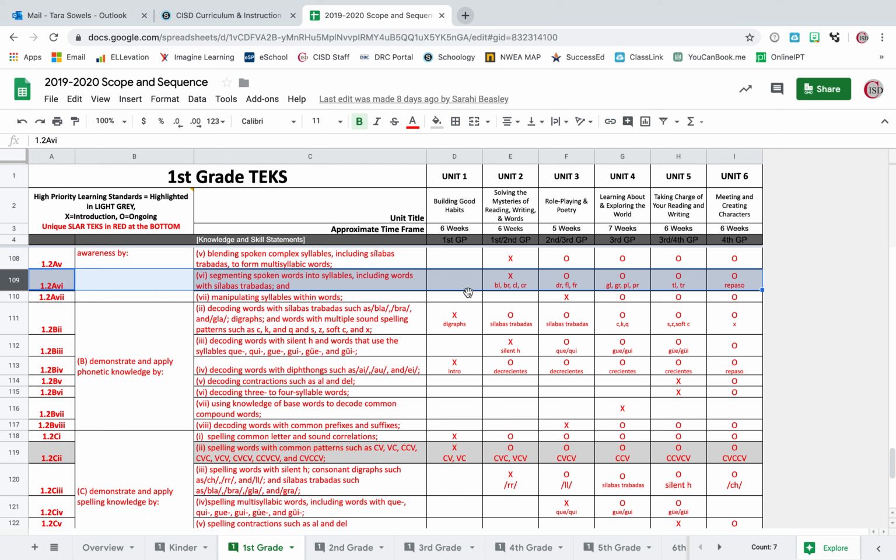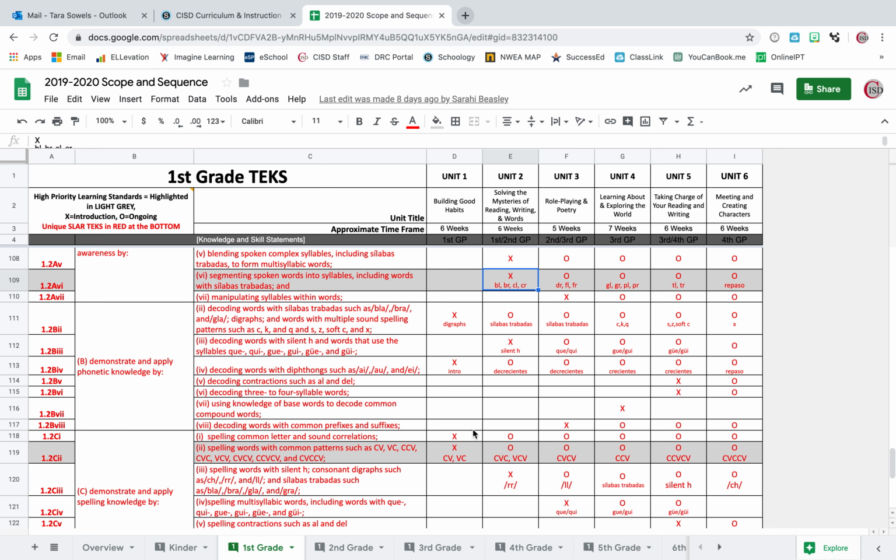So we've got our sílabas trabadas, and they're broken down: bl, br, cl, cr in Unit 2. And then Unit 3, we're going to focus on dr, fl, fr. So you can see how we've broken it down, because the TEK doesn't even tell you all the sílabas trabadas. So I've done the research, looked at what the sílabas trabadas are, and then broken them down by unit.